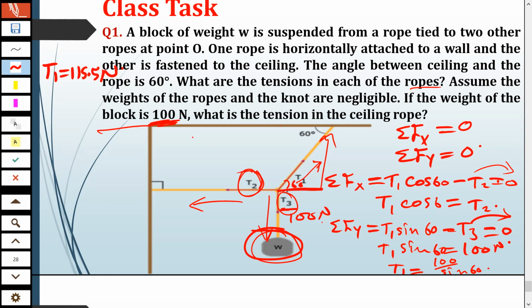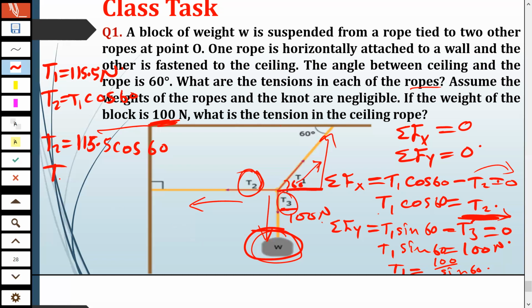That is my T1. And then we also find T2. T2 is simply T1 cos 60. So T2 becomes T1, which was found as 115.5, times cos 60. Cos 60 is 0.5. So 0.5 times 115.5 gives 57.7.